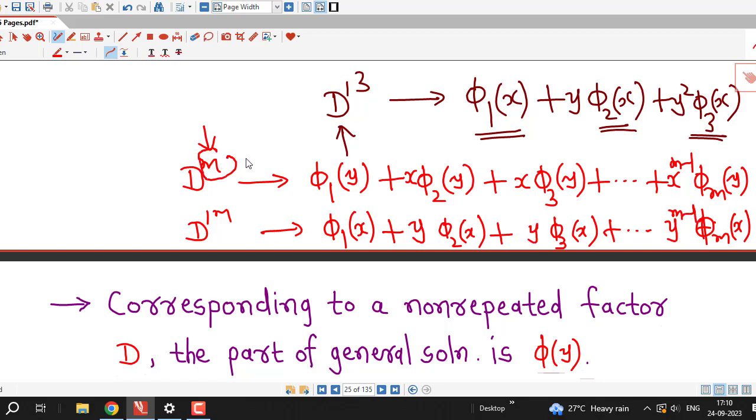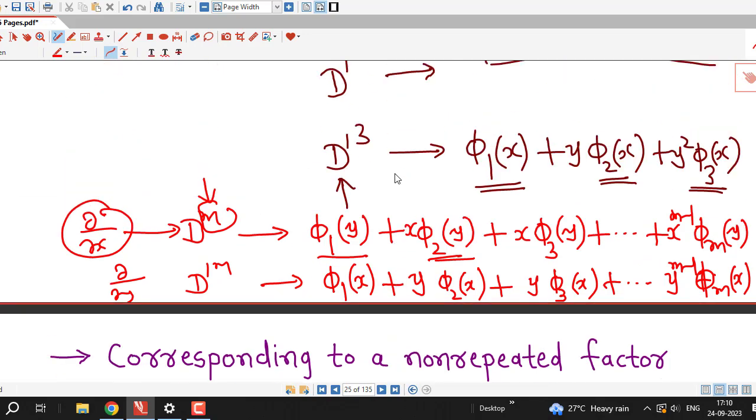If I have m here, I will go up to the m minus 1th power of x or y. If I have D, that is D stands for partial derivative with respect to x, then I will write arbitrary functions of y. And if I have D dash, then I will write arbitrary functions of x.